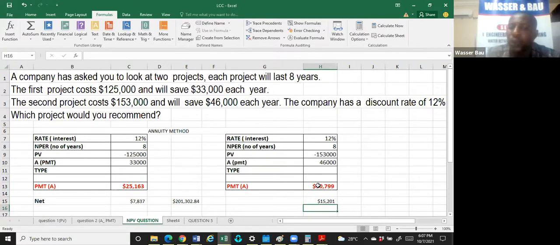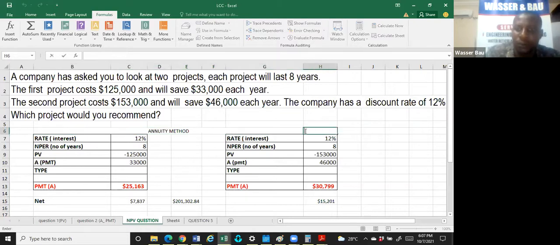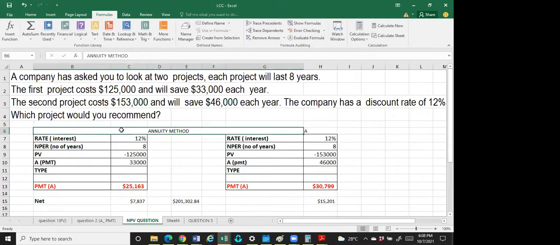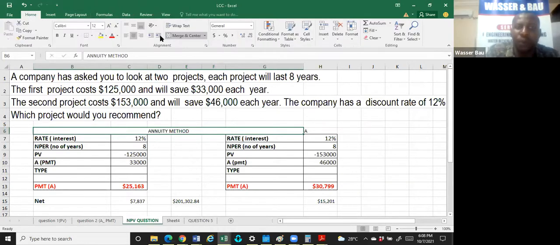So which project will you invest in, project A or project B? Project B. So you can see that whether you use one method or another method, you always get the same answer.